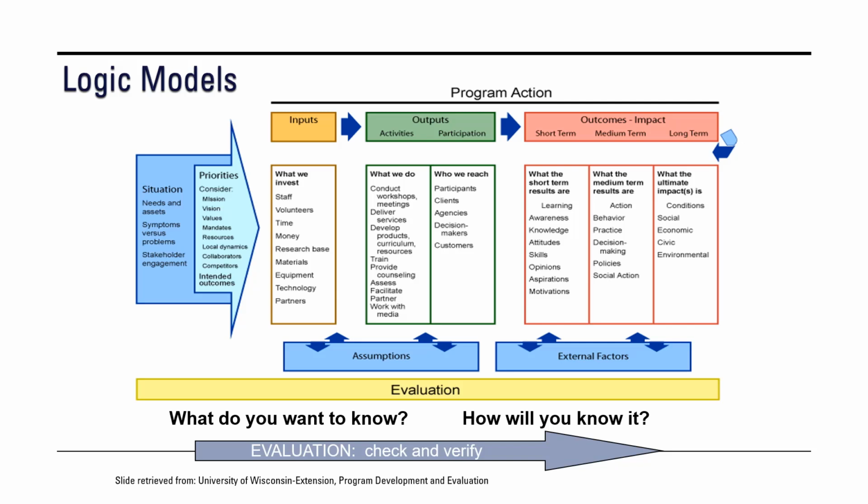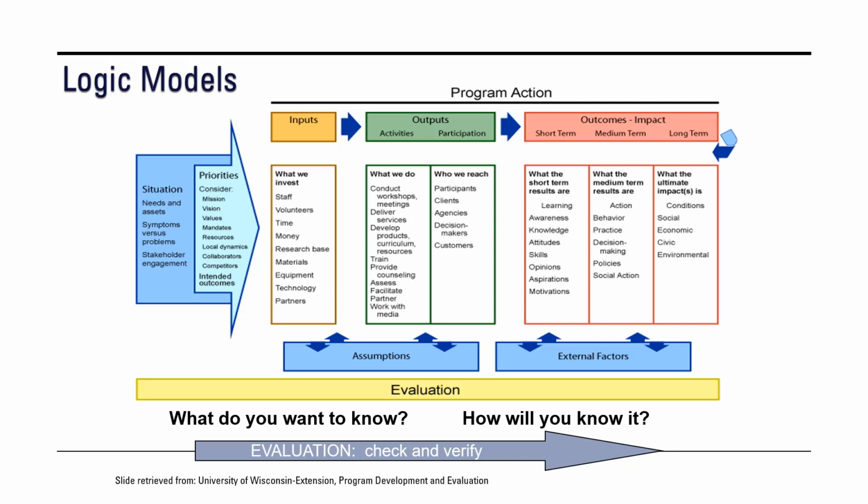You also have to consider, as they set out and identify the mission of an organization, it's really important to understand what the intended outcomes originally are for the program. Okay, so this is the context, the situation, and the priorities of an organization.